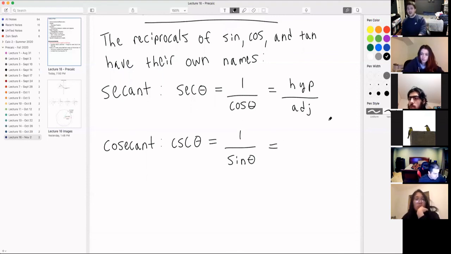In terms of opposite and hypotenuse, recall sine of theta is opposite over hypotenuse. So cosecant, the reciprocal, will be the flip of that fraction: hypotenuse over opposite. That's how it is obtained.